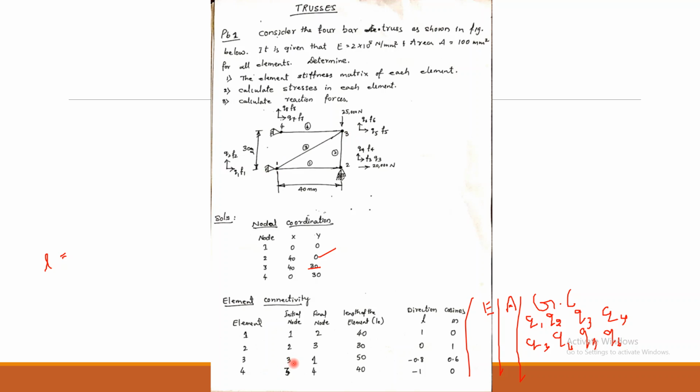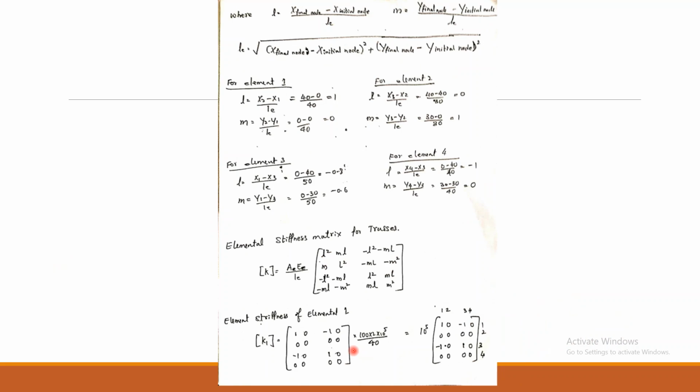Let's go for 3 to 1 itself. Thereafter I should calculate the length of the element. So LE is equal to the square root of x final minus x initial whole square plus y final minus y initial whole square.